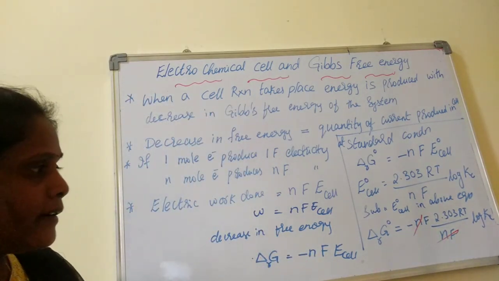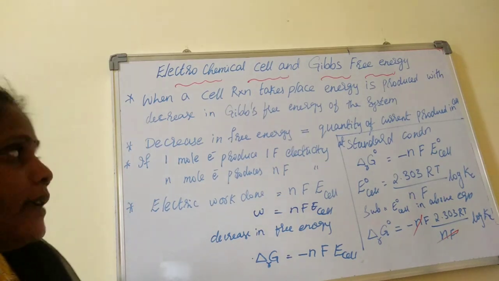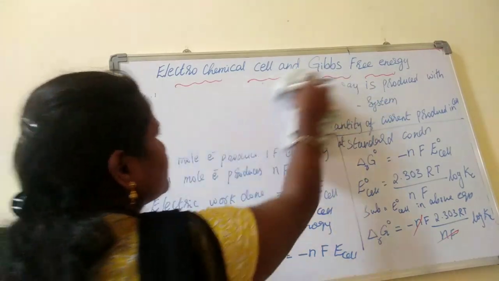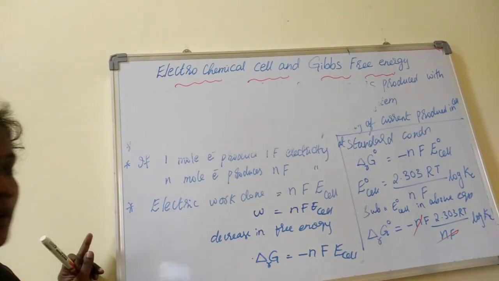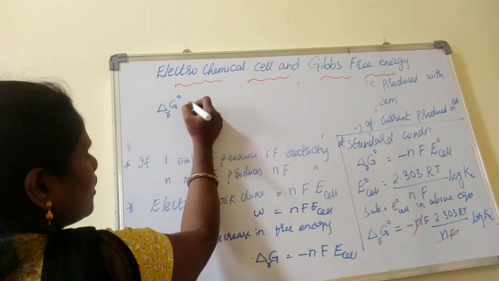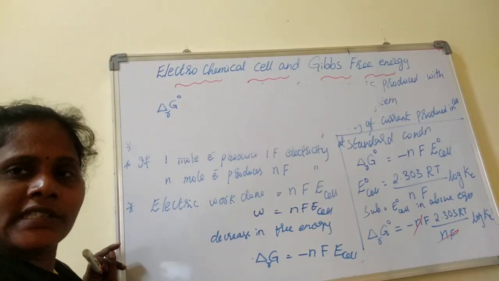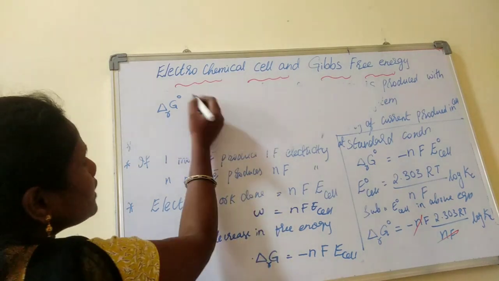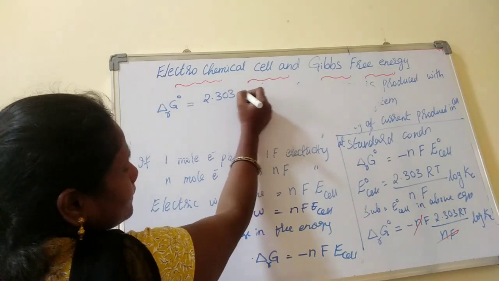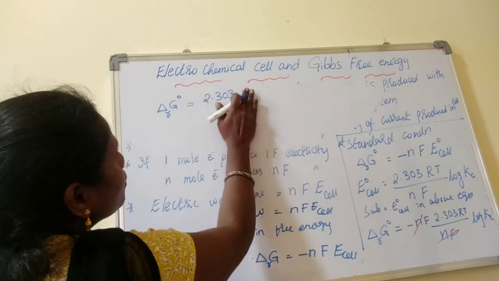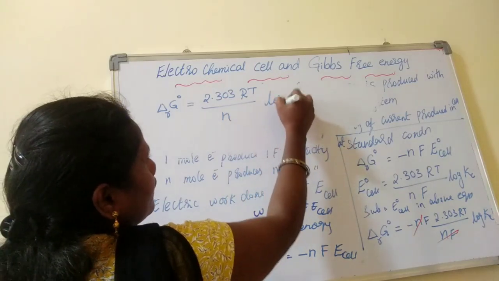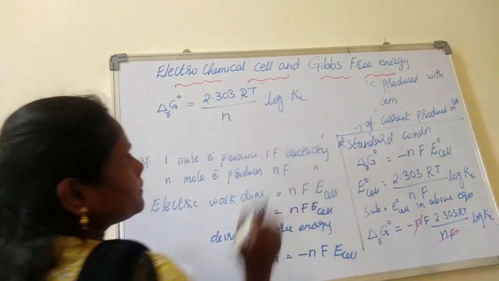Then what remains here? Delta G naught, no need to write r because we are talking about the reaction only. Delta G naught is equal to 2.303 RT log Kc I can write, right?